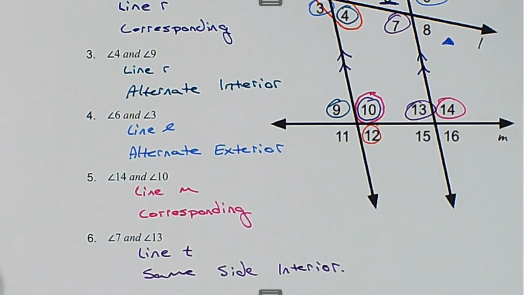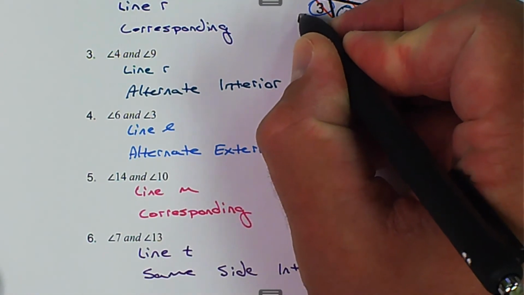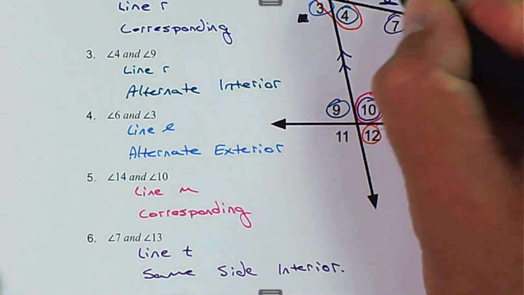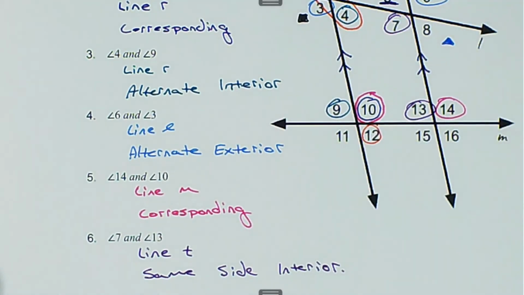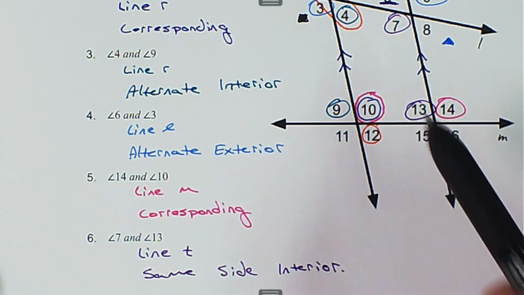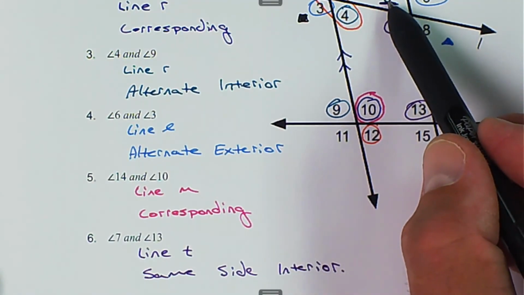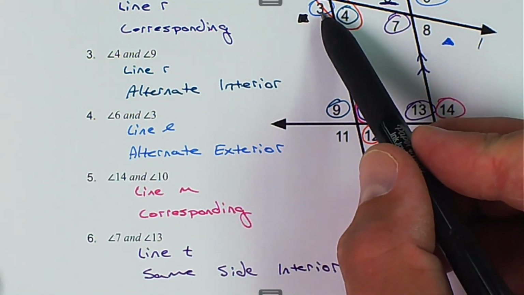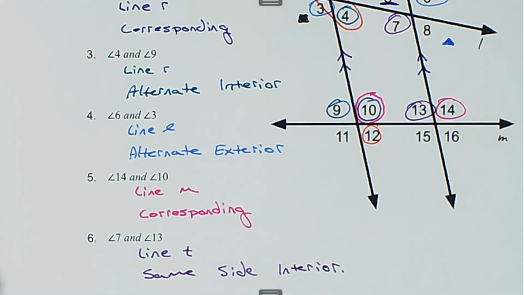And then we have angle 3 and angle 5. Angle 3 is right here, and angle 5 is right here. In this case, we don't have any physical relationship between angle 5 and angle 3. Angle 5 is interior, angle 3 is exterior. They're not corresponding, they're not vertical, they're not a linear pair.